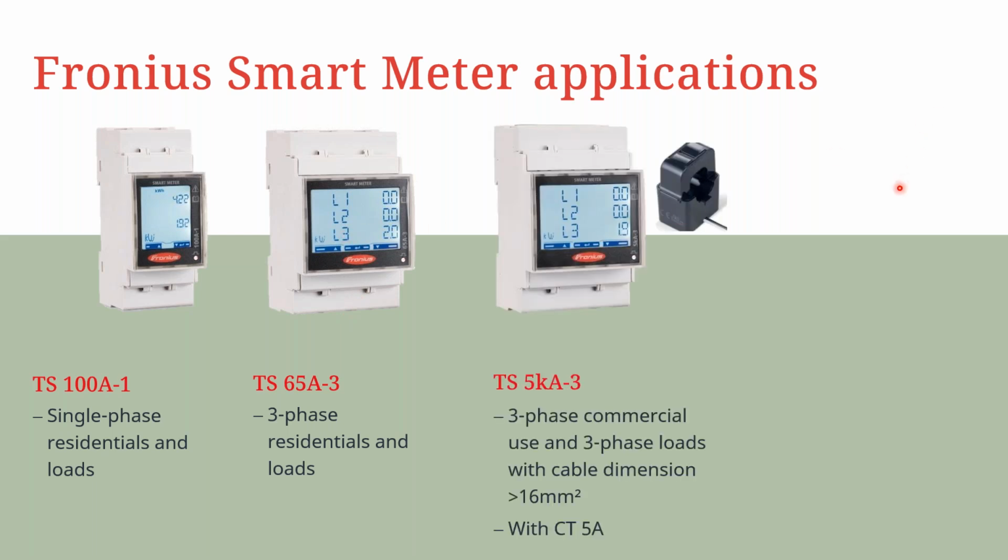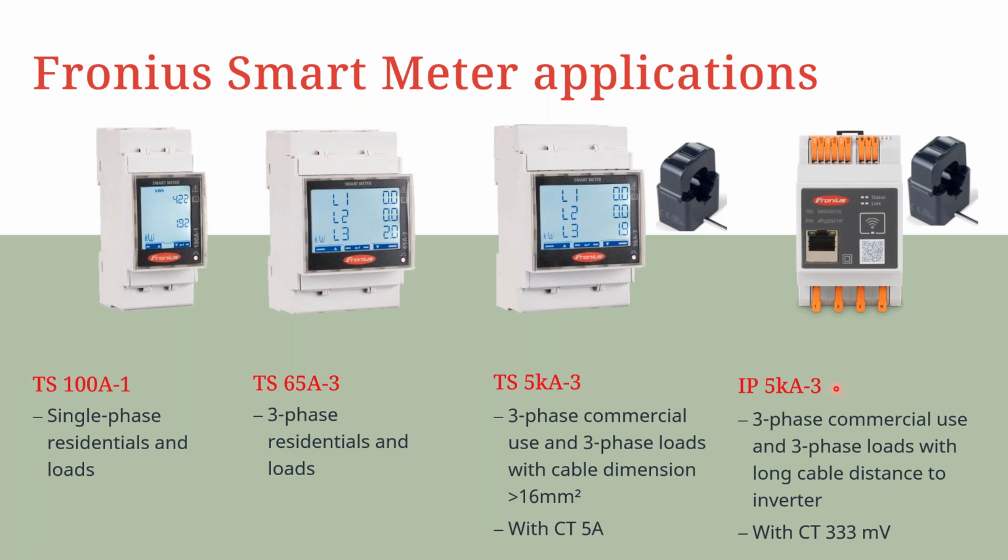Then when it comes to commercial systems, we have the 3-phase 5 kilo amp smart meter. And this is where most likely you'd have incoming feeder cables bigger than 16 millimeter square. And therefore, you would require to connect also current transducers, typically with about 5 amps secondary current.